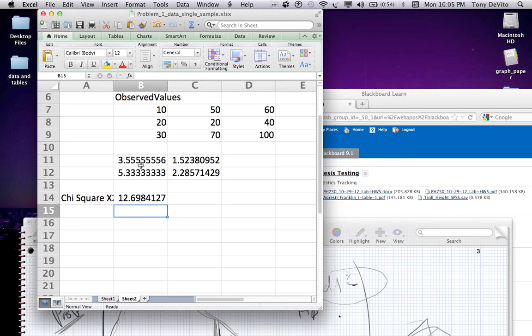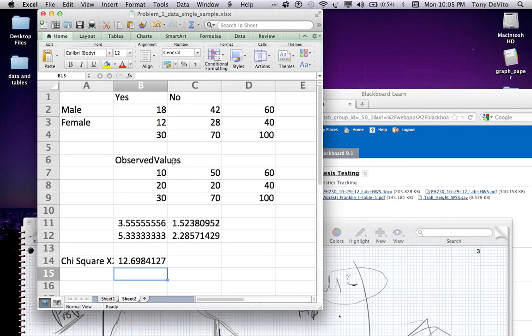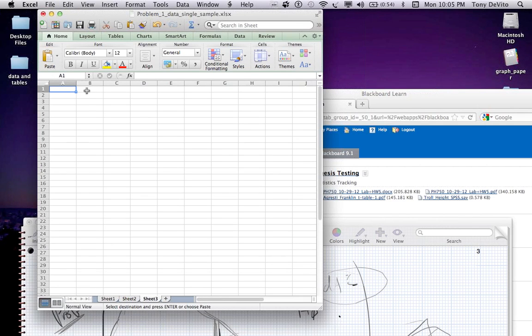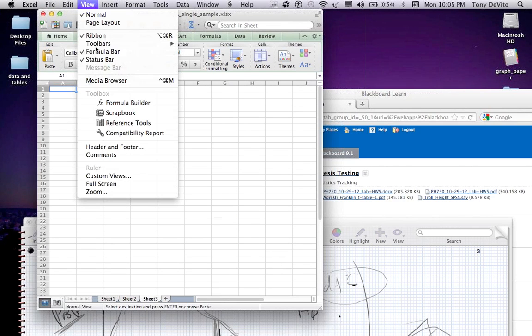I'm sorry I didn't do this with the cell, so I could just go back and change the number. Let me give you a quick example so that you can see what happens when I do this. I'm going to copy this. Let me get a new table. Okay, let me zoom.